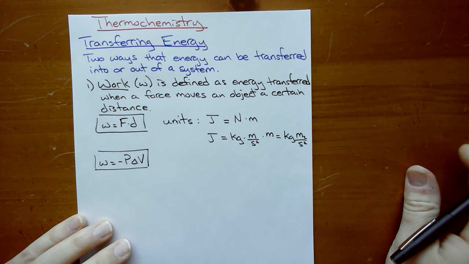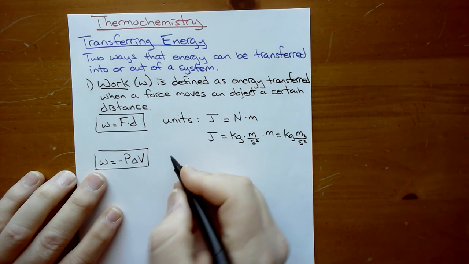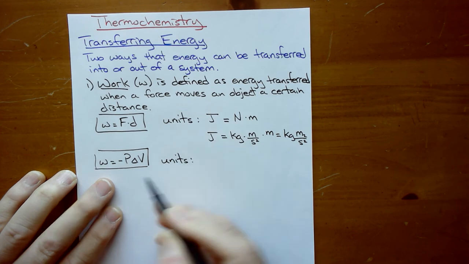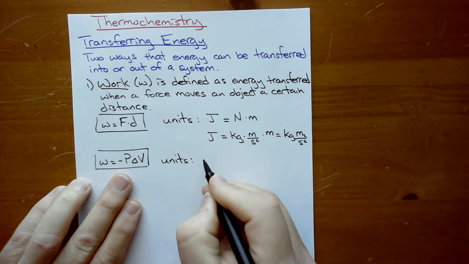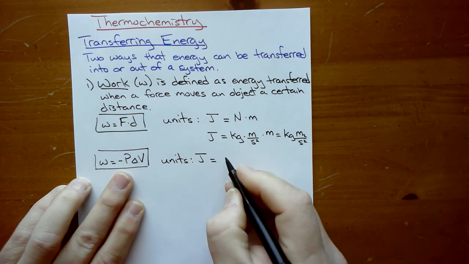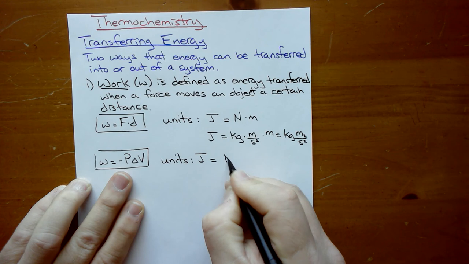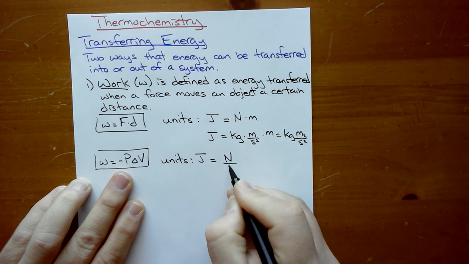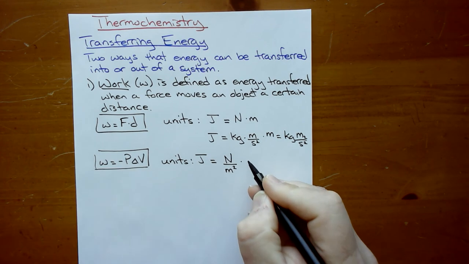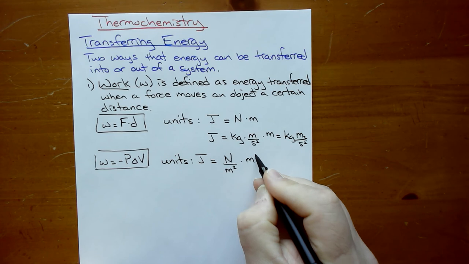But pressure, if we look at the units for this one, let's make sure the units work out. Remember, work is a joule. Pressure is really a Newton per area, force per area, or Newton over meter squared. And volume, remember, any volume would be like meters cubed.